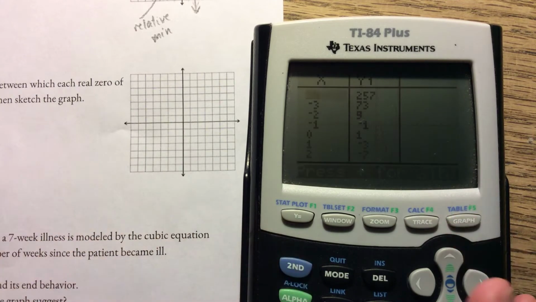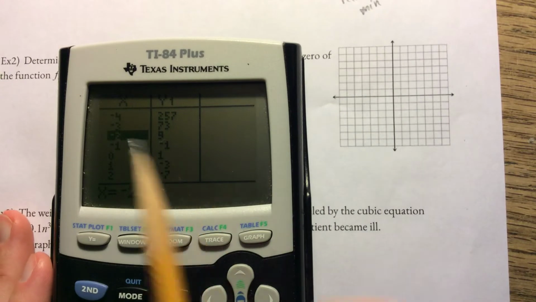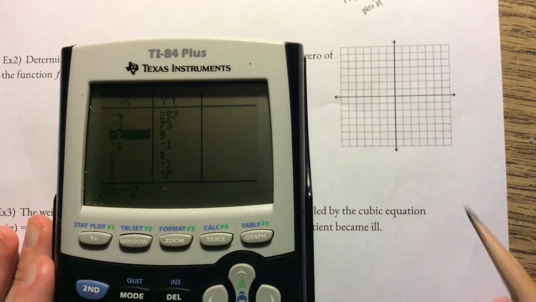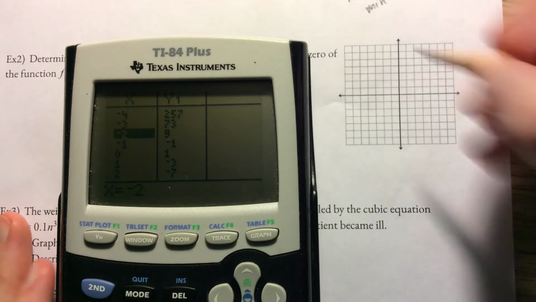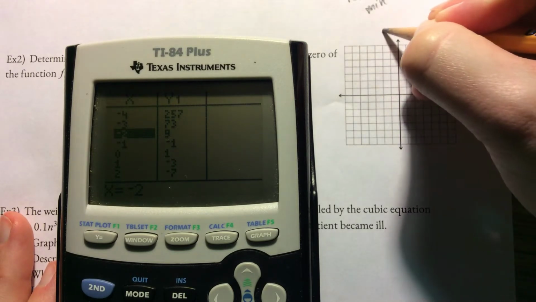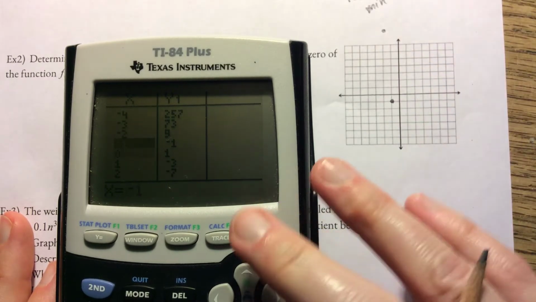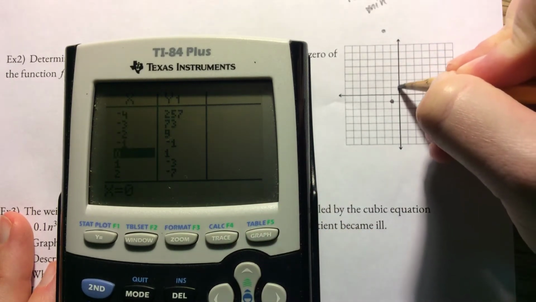And I'm going to go to my table now so I can get values to actually graph. I'm going to start here because this is the first one that's going to be even close to being on my graph. So negative 2, 9. It goes a little bit off of this graph. Negative 1, negative 1. 0, 1.